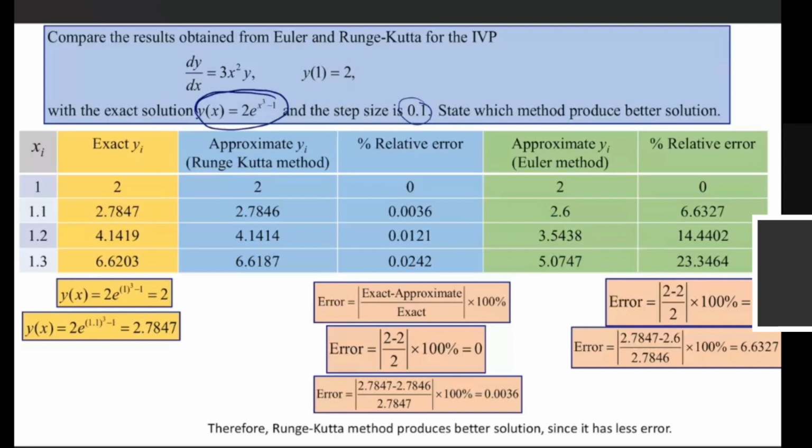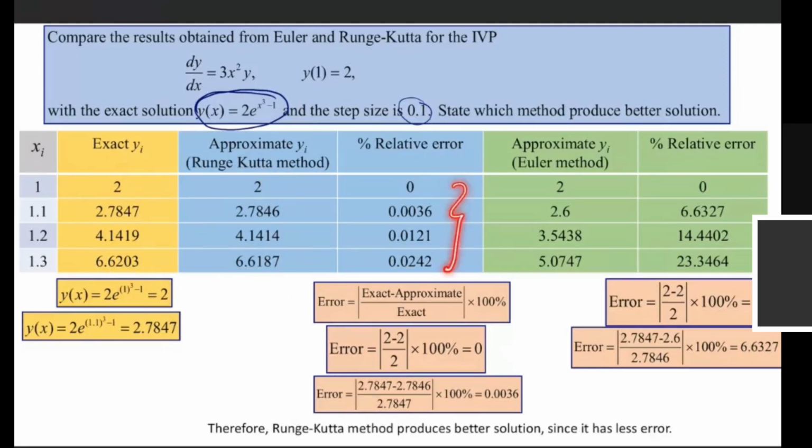So for this one, 2 minus 2, divide by 2, multiply with 100. Okay, so 0%. For the second example, 2.7847 minus approximate solution, then divide by exact solution. This is the exact solution. We want to calculate the percentage of error. We got 0.0036. Okay, this is the error.